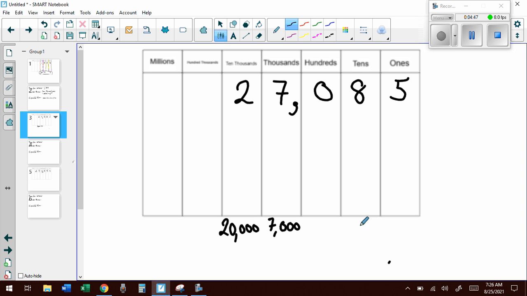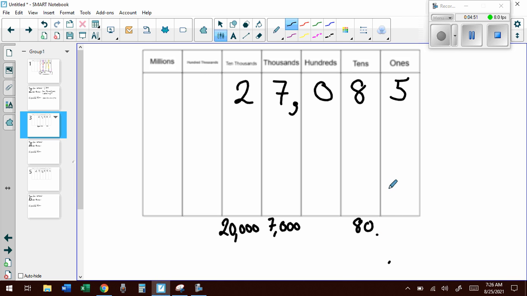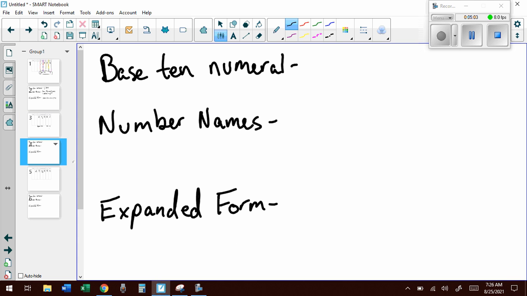The value of the 8 is 80. And the value of the 5 is just 5. Now, when we go to write it in base 10 numerals, this is where you need that 0, because otherwise you're going to write a number that looks like 2,785.